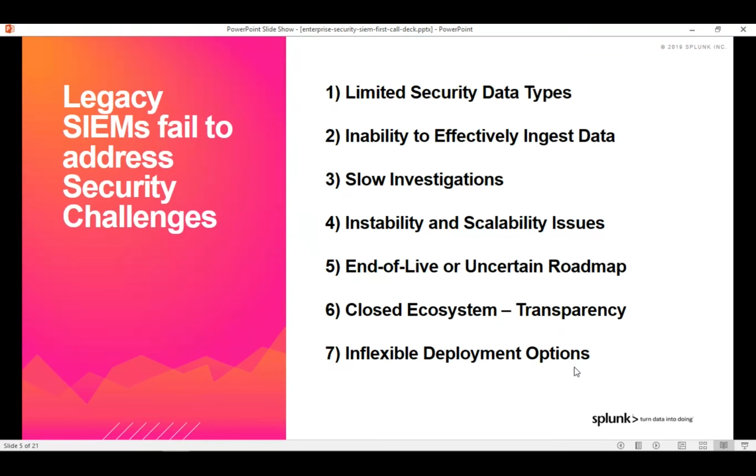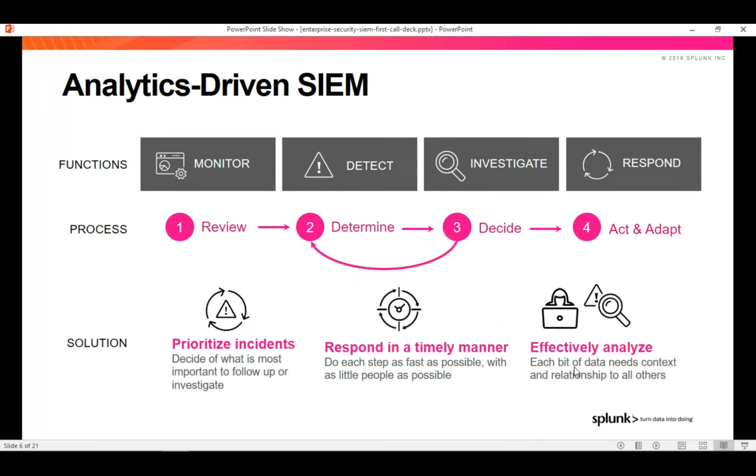Secondly, or third point, I would say, when it comes to investigation, they support all the functions that are needed in an analytics-driven approach, where they monitor all types of data, not just security-relevant data, and then detect known and unknown types of attacks. Known because of the analytics-driven approach, and unknown, we will talk about it.